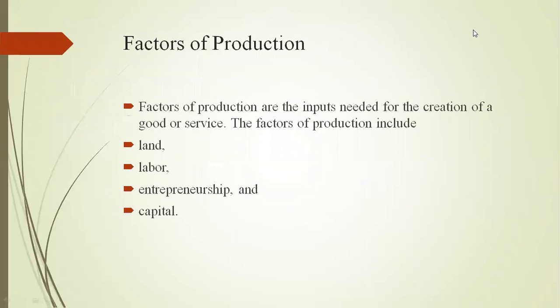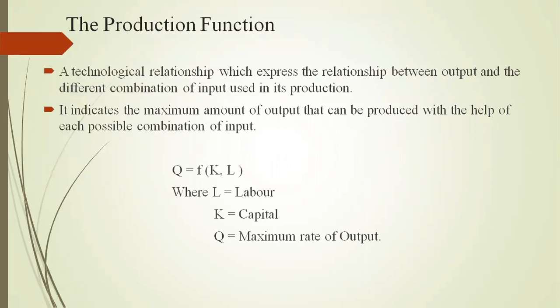Factors of production: we have seen that land, labor, entrepreneurship, and capital are the factors which affect the production of any good or service. So when we say production function, we are developing a technical or mathematical relationship which expresses the relationship between output and the different combinations of inputs which we are using for production.